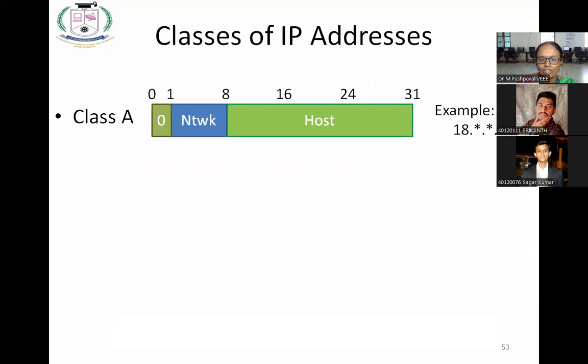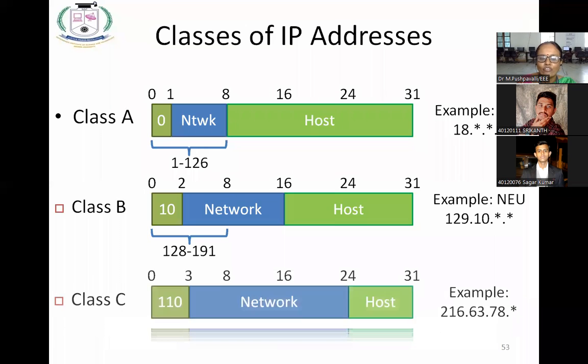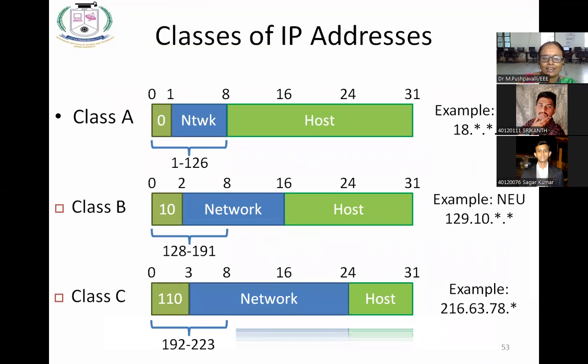Now we all know this. You have to see how we are dividing now. I think how many bits, and 1 to 126, 128 to 191, and 192 to 223. This is the way my field will be decided.